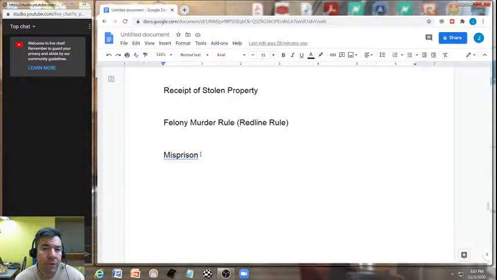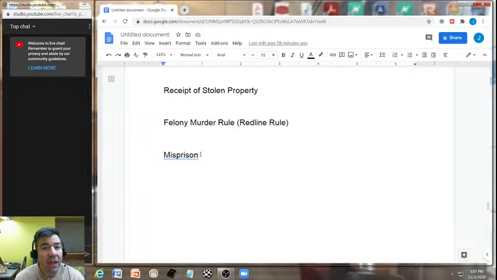That would be misprison. So misprison is when a co-felon who is arrested withholds information that would lead to either the arrest or the conviction concerning the particular felony in question, or the other co-felon or co-felons.